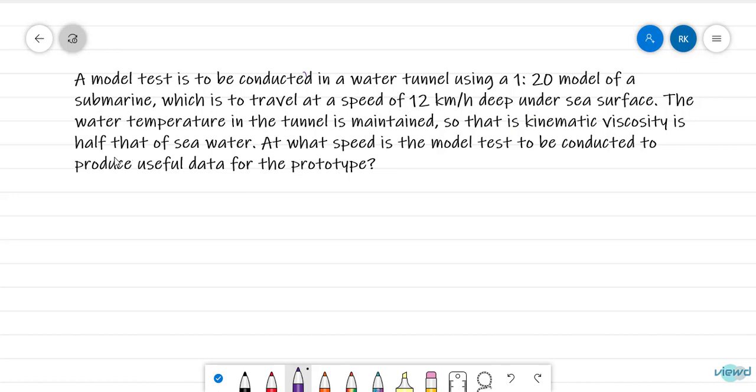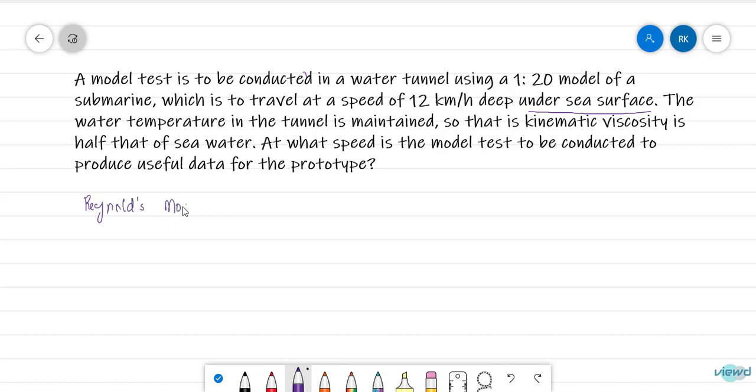So first we need to find out which model law should be used, Reynolds model law or Euler's model law. From the 5 model laws, which should be used? Here it is given that the submarine is under the sea surface, meaning it is submerged. If it is submerged, that is viscous flow. That means Reynolds model law should be used.